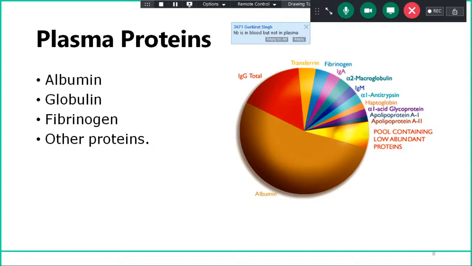There are certain proteins like hemoglobin that are present in the RBC, so that is part of the blood, but that is not part of the plasma. So the plasma proteins are not synonymous with the protein present in the blood.